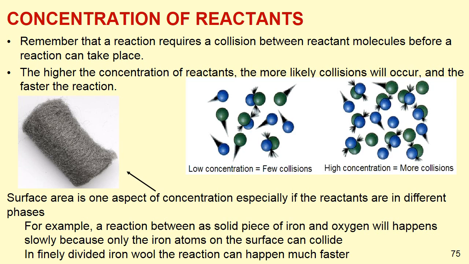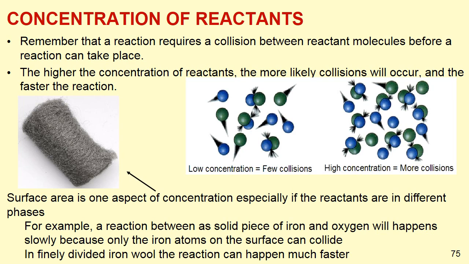Surface area is also a bit of an aspect of concentration, and a bit of an aspect of the nature of the compound, which we saw on the previous slide. The fact that steel wool is chopped very finely means that it has a lot of surface area. So if it's reacting with something in the air, it will react faster than if you have one big hunk of iron.